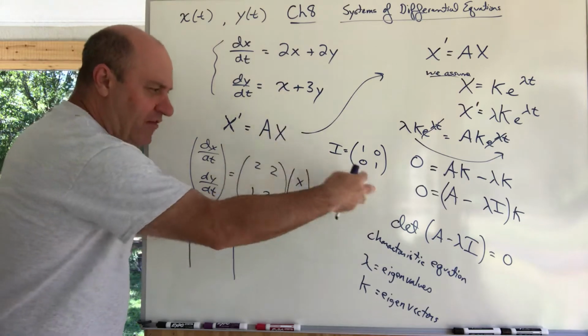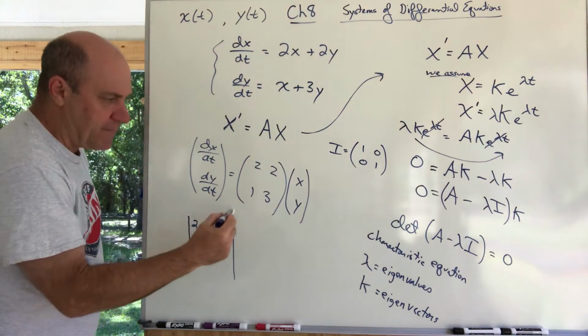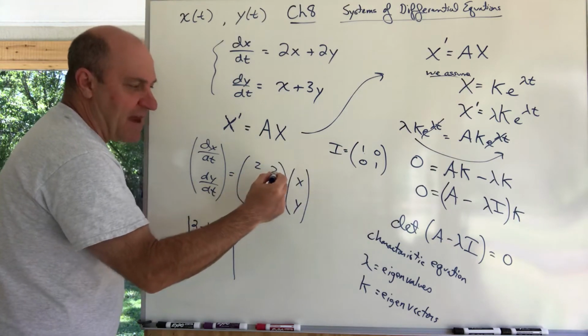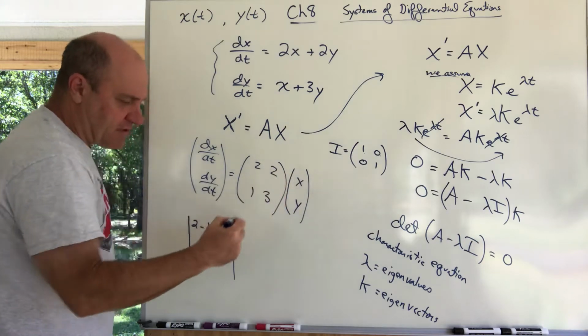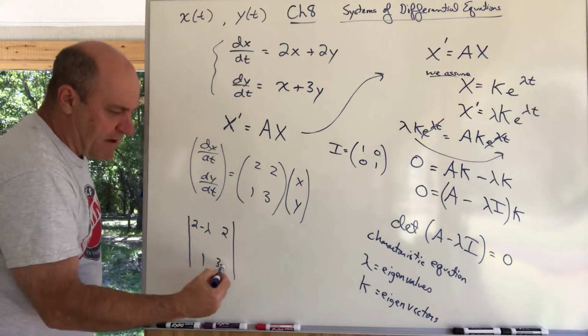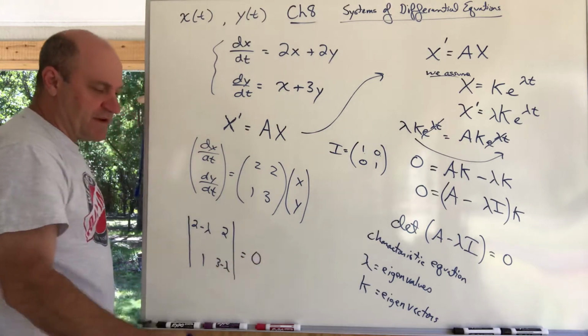I'm doing all that kind of in my head. What I get is 2 minus lambda. I'm subtracting the lambda from that diagonal. I'm subtracting a 0 from that, so that doesn't change. Same with that 1, but I get a 3 minus lambda there. And then I'm setting this equal to 0.